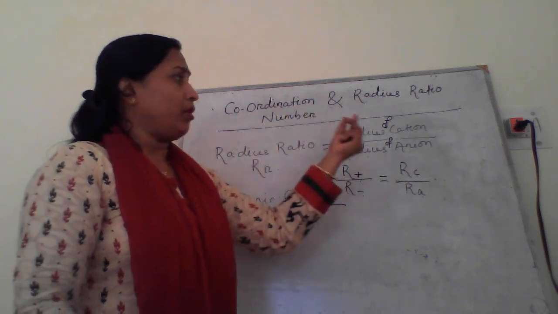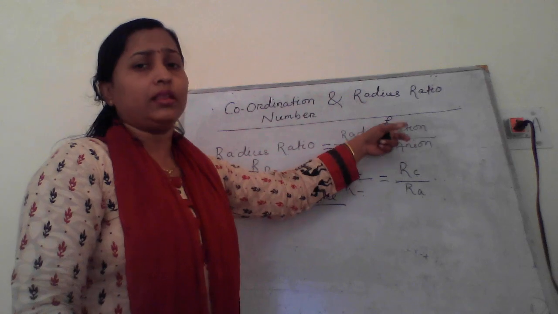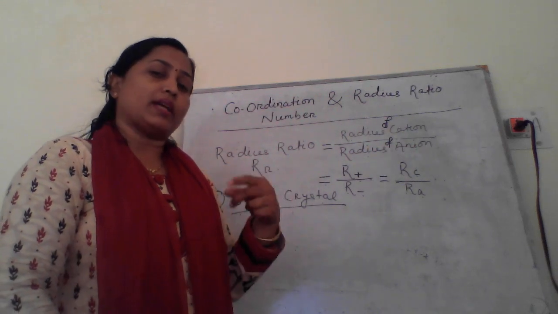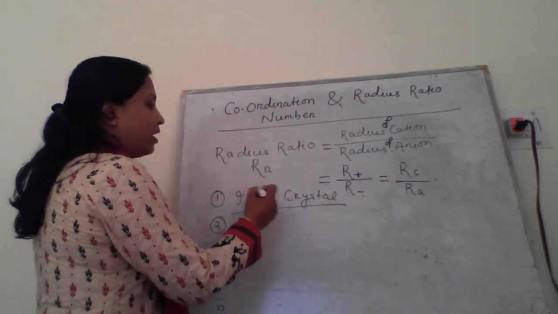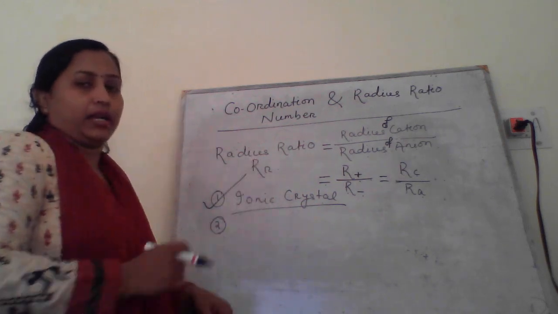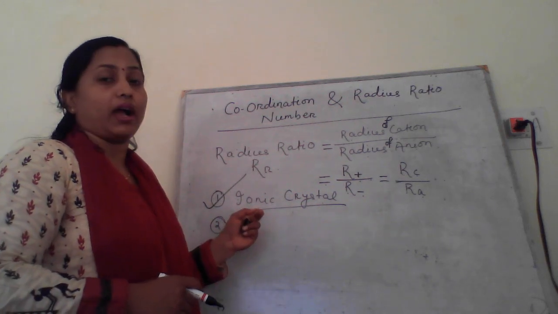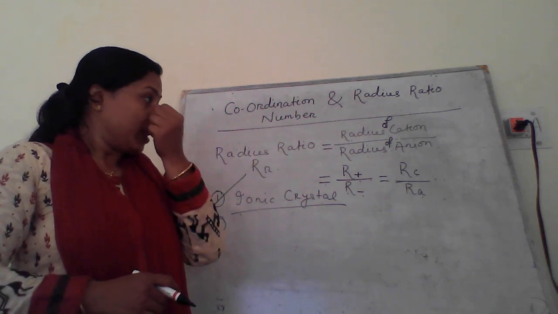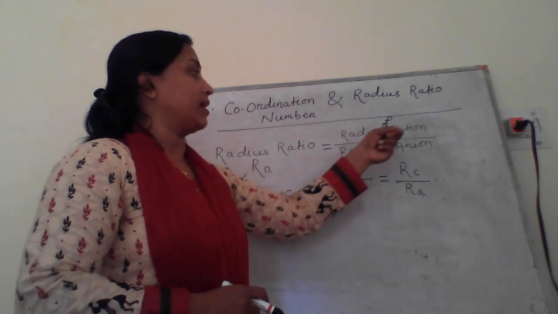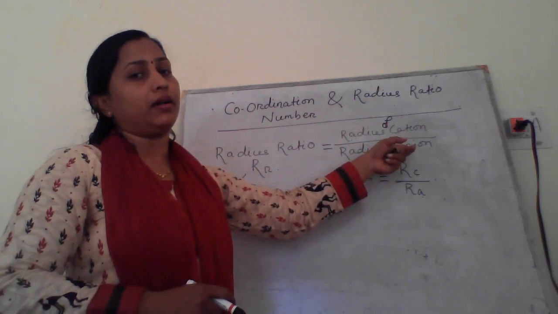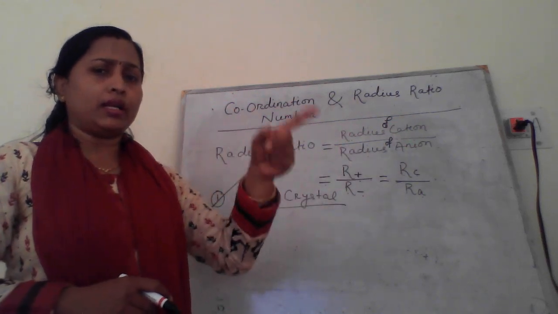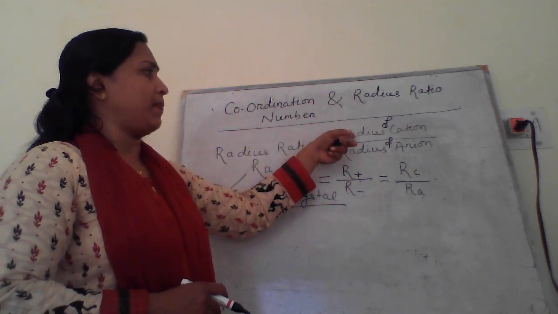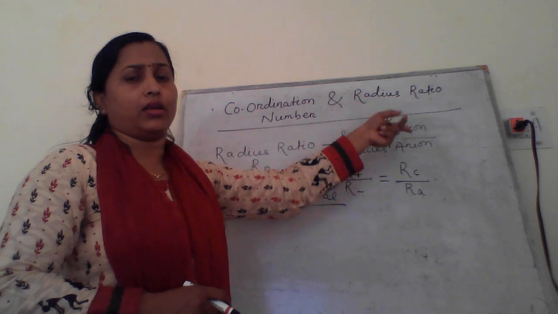Here two words come, that is cation and anion. That means the radius ratio is applied only for ionic crystals, because in an ionic crystal the constituent particles are cations and anions. We already said radius ratio depends upon the radius of cation rather than anion.